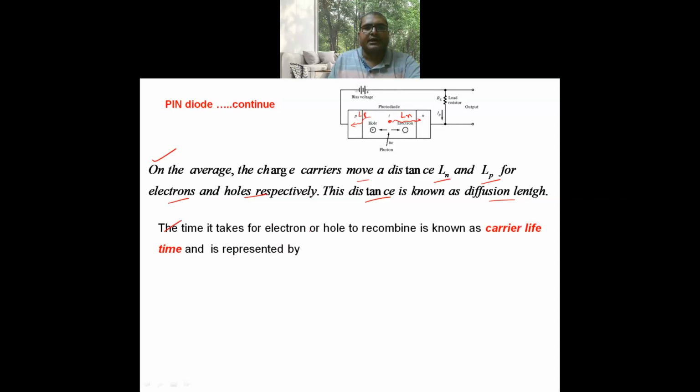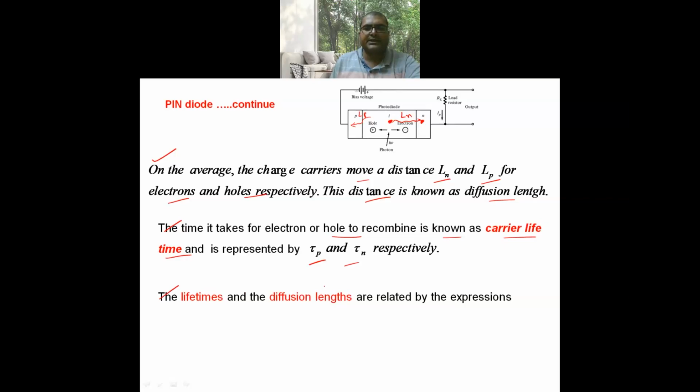The time it takes for an electron or hole to recombine, from the generation position to the time at which they recombine, is known as the carrier lifetime. They are represented by tau n and tau p for electrons and holes respectively.